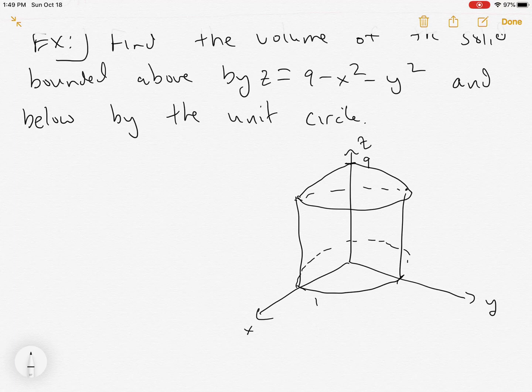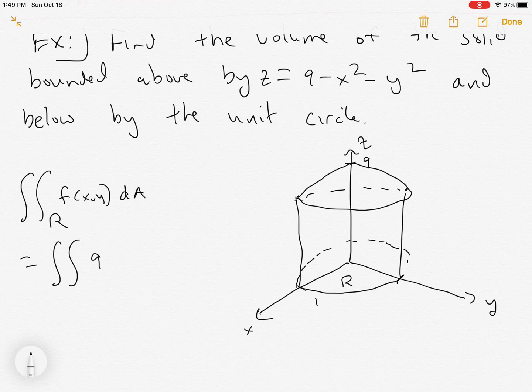Okay, so if you're doing a double integral, you go, okay, here's R, and we have the double integral over R of f of x y dA, right? And if we're going to do this in rectangular coordinates, f of x y is 9 minus x squared minus y squared, and dA is dx dy or dy dx, right?